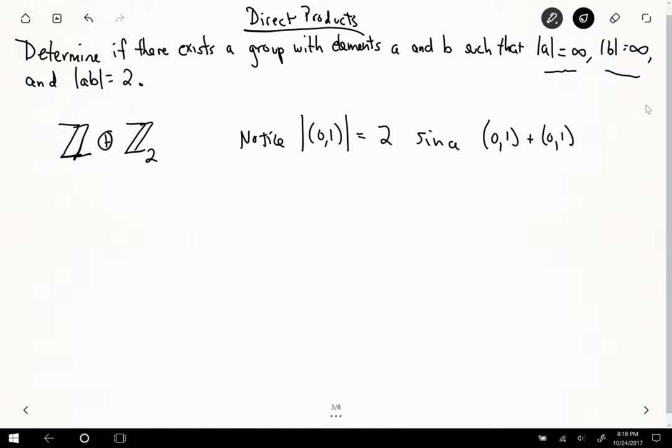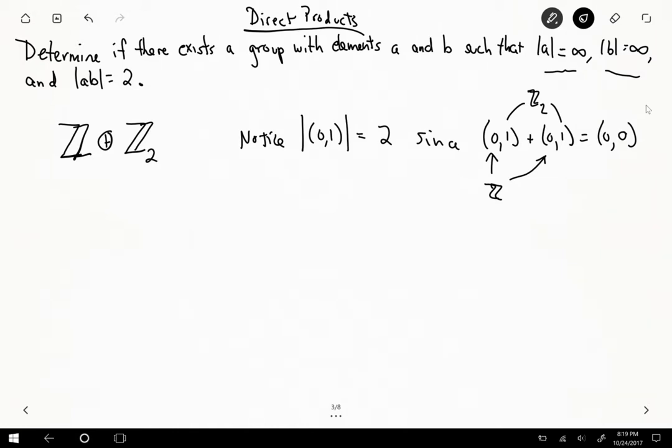Now remember, this coordinate is dealing with Z, versus the second coordinate is dealing with Z2. Okay, so 0 plus 0, notice that's going to be 0. I'm kind of abusing some notation here, but this is 2 mod 2, which reduces to 0. Okay, so we're fine there. That's our element that we want to aim for.